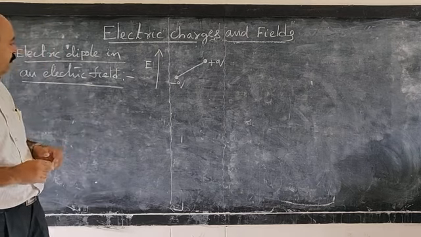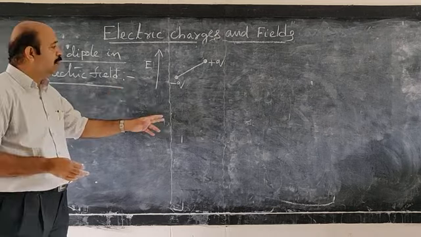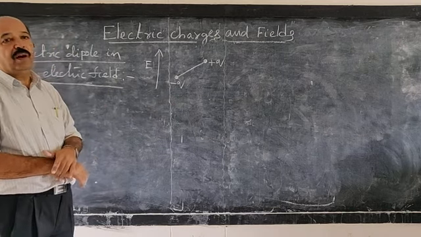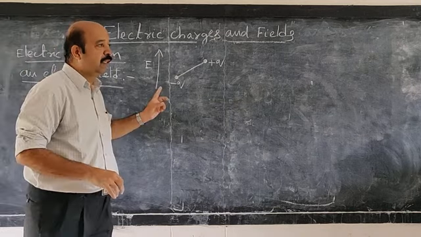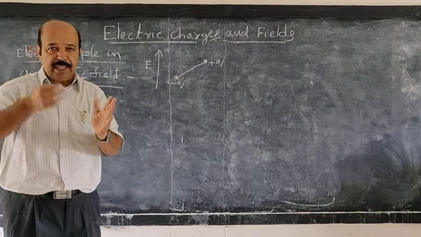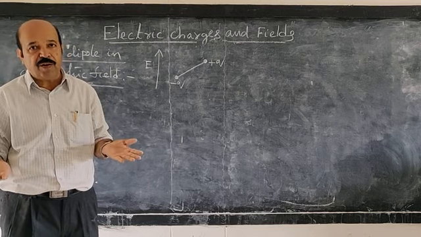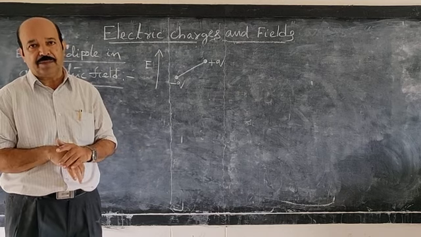Now, what we study here is what happens to a dipole if it is kept in a uniform electric field. Another point regarding the electric field is that when the field is uniform, all the electric field lines are drawn parallel. In the case of a non-uniform field, these are curved.